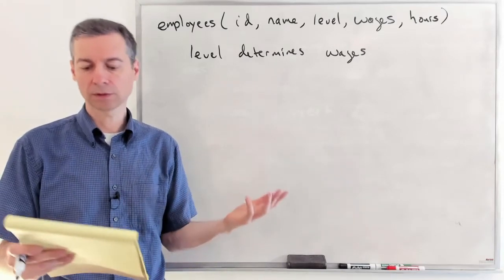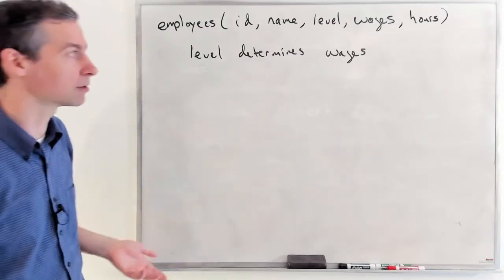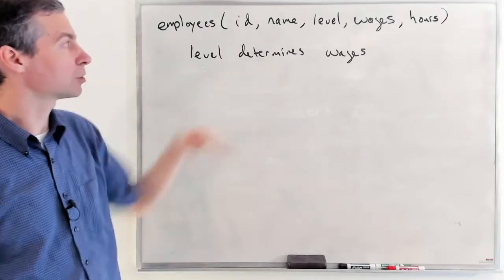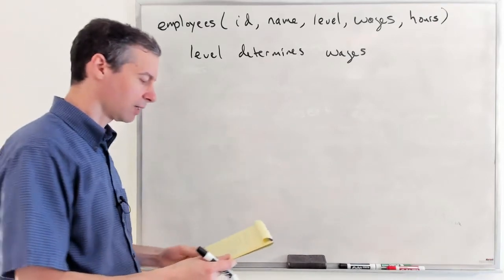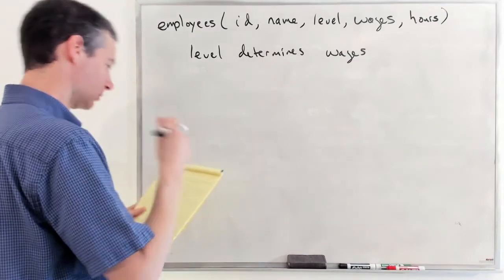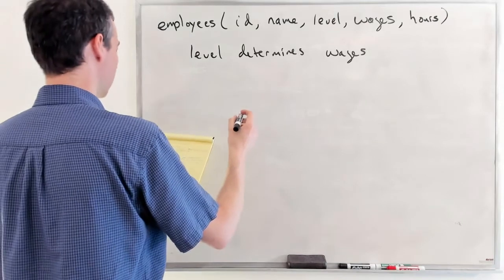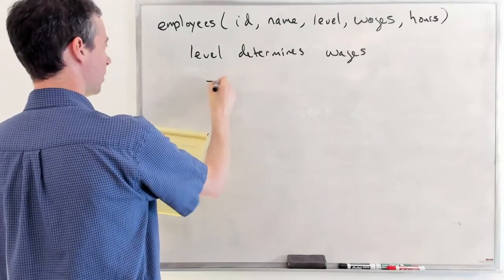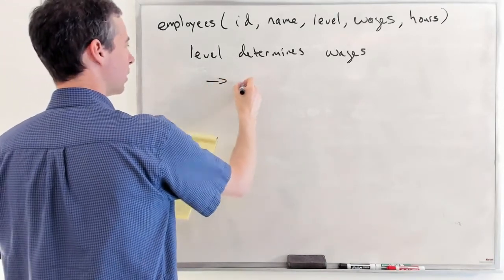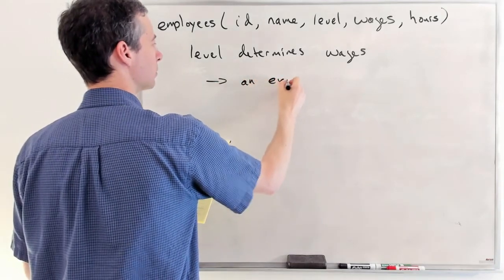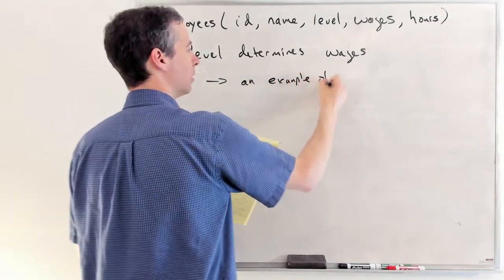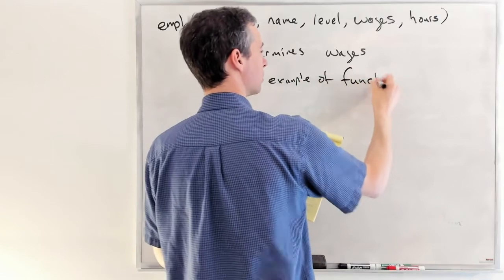Okay, you're level 8, you're going to make $21 an hour. So the level determines the wages. And so basically, this ends up being an example of a functional dependency.